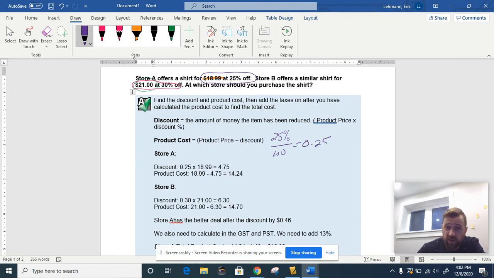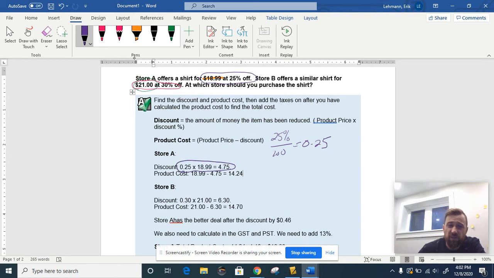Some of you are saying, Mr. Lehman, I know how to do that, I can do it in my head. Fantastic. Go for it. But remember that decimal is what we now have to multiply the price by.